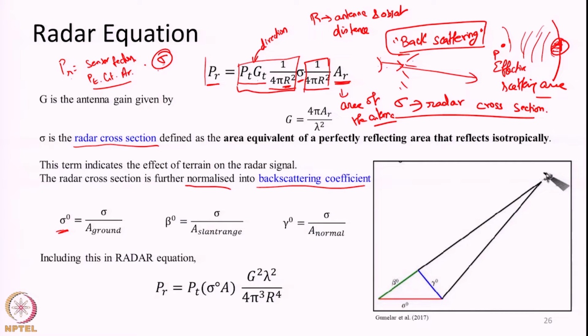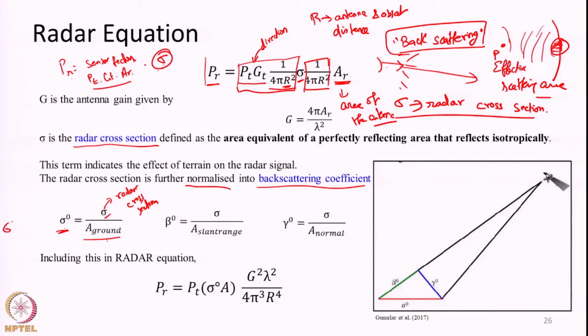So, what exactly does this back scattering coefficient mean? Now, we know it is a ratio, where in the numerator we have the radar cross section, and in the denominator we have the area on the ground that produces or that requires this much radar cross section. That is, this is also an area.